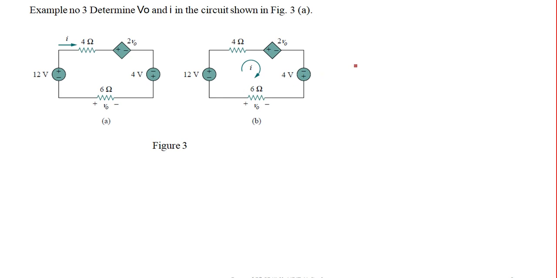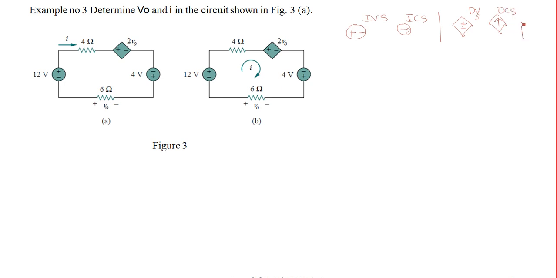Recall these representations: a circle will be the independent voltage source, and if you consider an arrow, it will be the independent current source. Whereas if I show something like this, a diamond shape with plus and minus, these are dependent voltage sources, and this is a dependent current source.